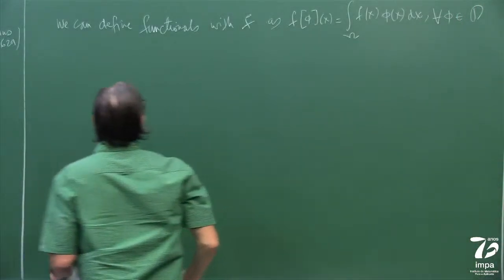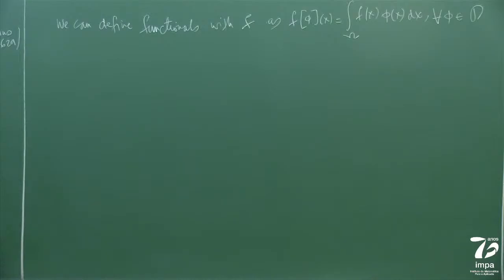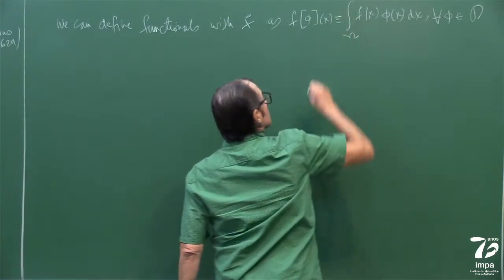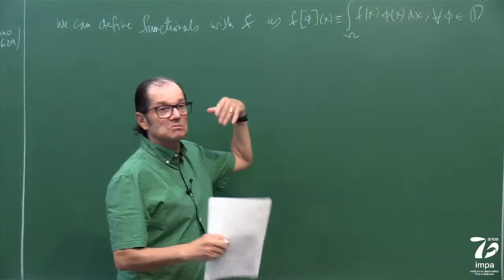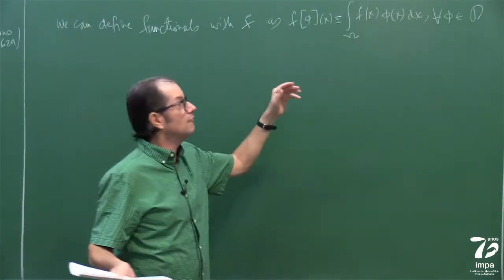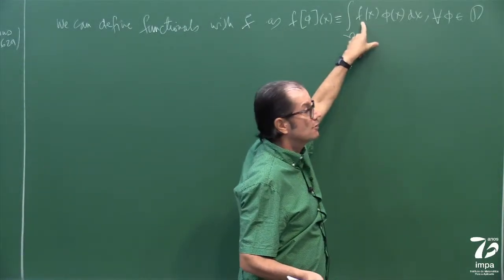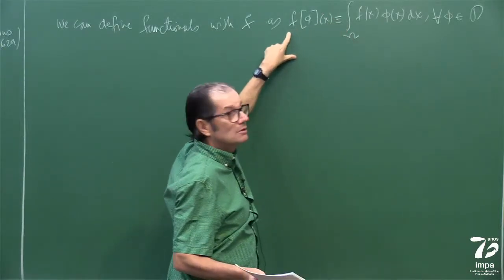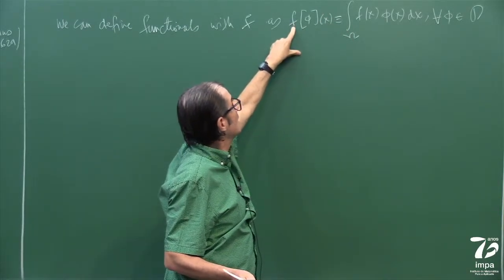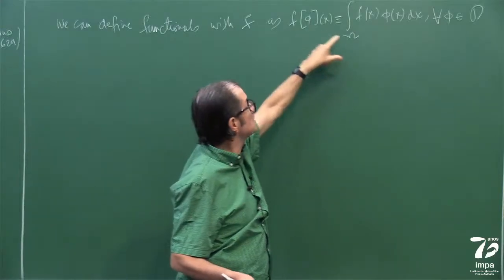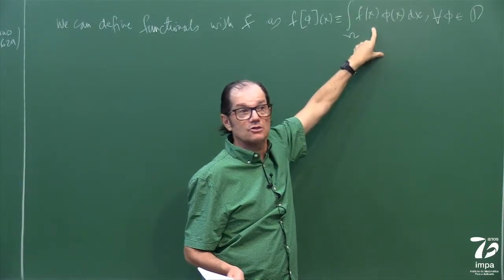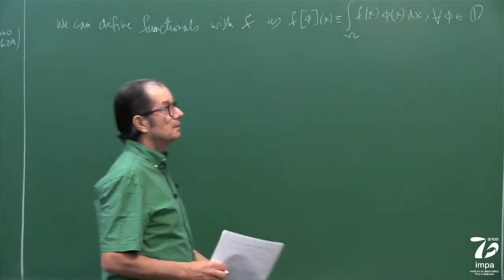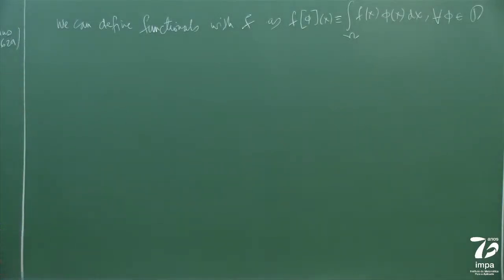For all phi of this class, we can define this functional, right? So this is a definition. You give me a function f, this is a linear functional. When I write this for short, this guy acting on this guy is basically doing this integral here, okay? And out comes a number.